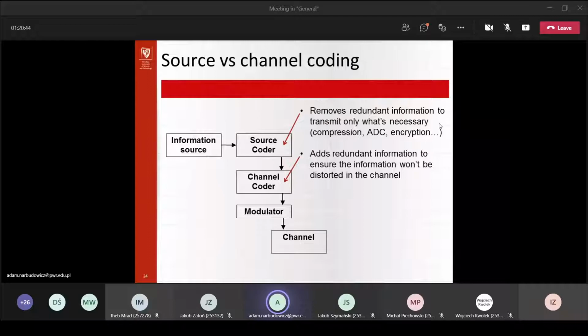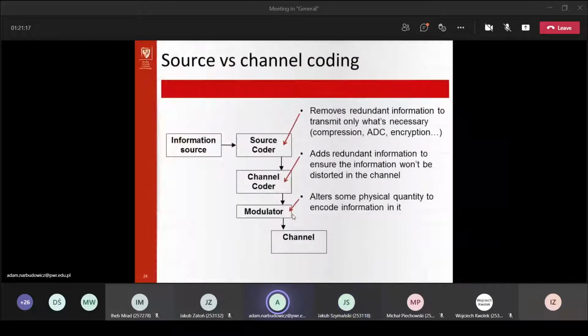Then in the channel coder, we add redundant information to prevent distortion. And then in the modulator, we alter some physical quantity. For example, changes in the intensity of light pulses in optical fiber, or a change of frequency in the case of radio signals if we are using frequency modulation.